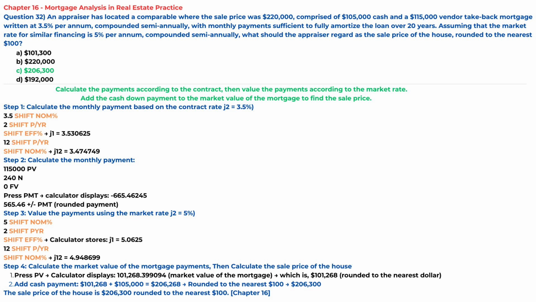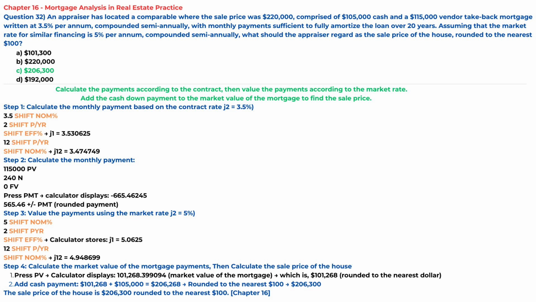Press PV. Calculator displays 101,268.39994, which is the market value of the mortgage, so rounded to the nearest dollar, it is $101,268. 2. Add cash payment, $101,268 plus $105,000 equals $206,268, rounded to the nearest 100, $206,300.